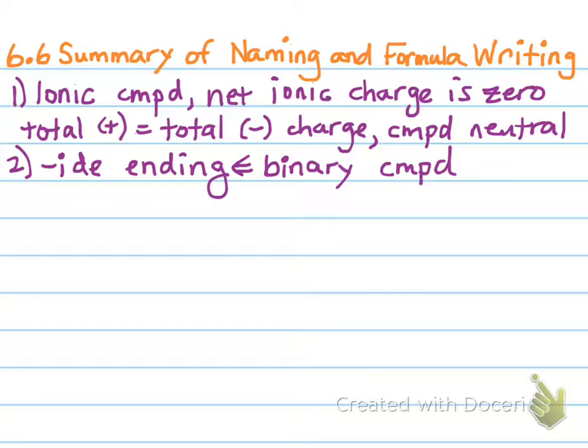Fluorine becomes fluoride in a compound because it becomes an anion. So binary compounds end in "ide," both ionic and molecular ones.